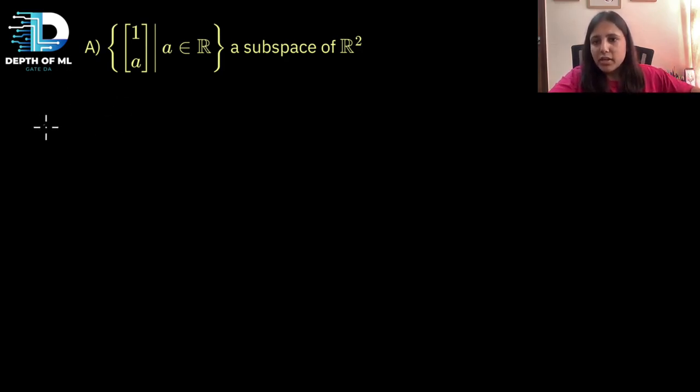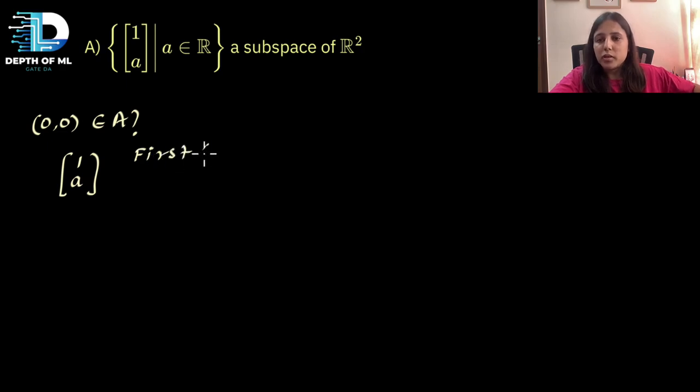So I'll check whether 0 0 belongs to this A. All the vectors are of the form 1A. It means that on the first coordinate I can never get a 0. The first coordinate is this one.